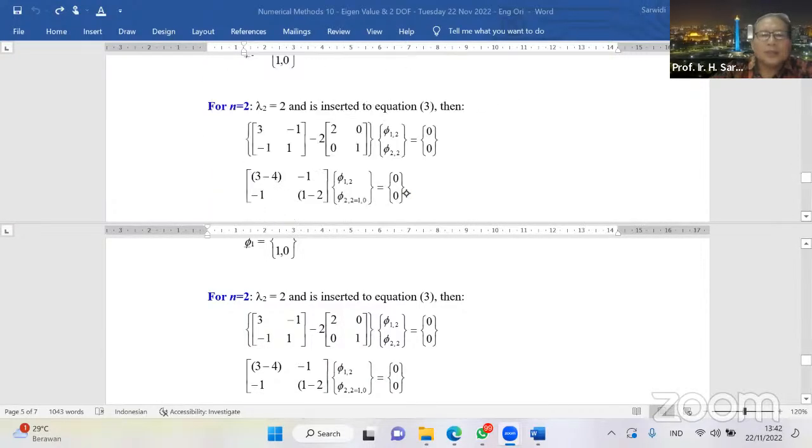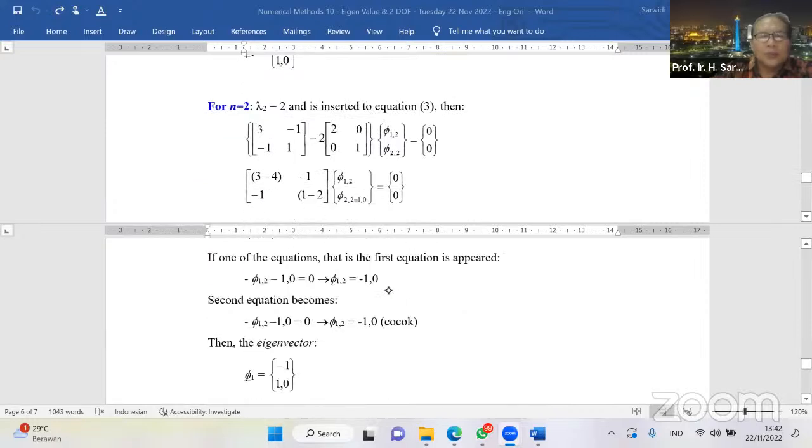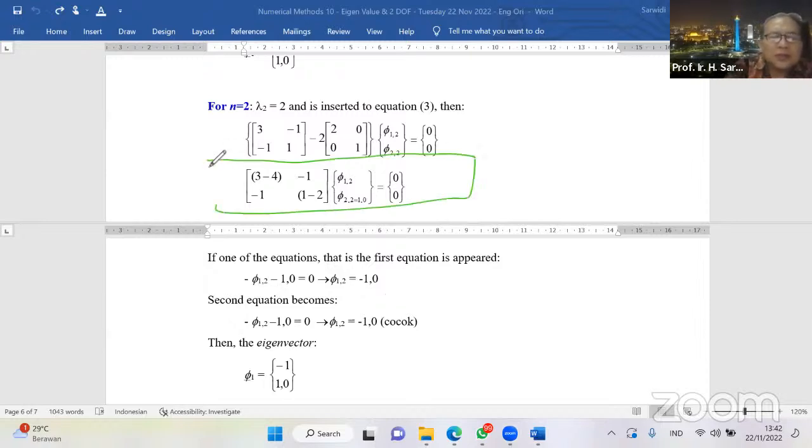Next, zero is n equal to this one. So we have to solve. Solving this, actually there are two equations again. What are they?